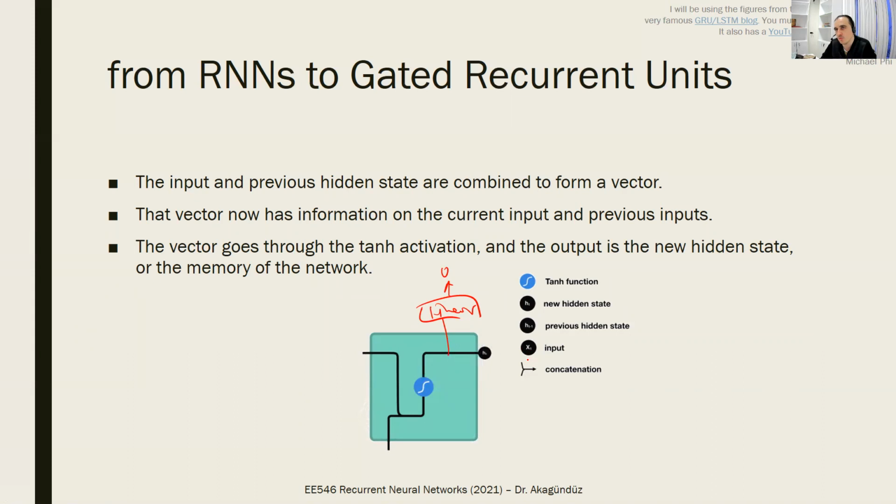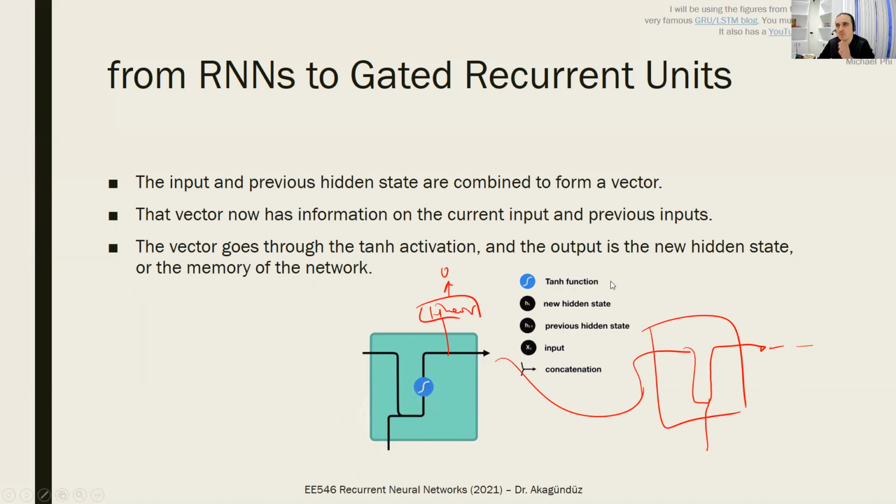Or maybe you just created a many-to-one architecture, connecting this to another one in which you're concatenating the outputs and going on. It went on like this. The non-linearity was created by the hyperbolic tangent, the tanh function.